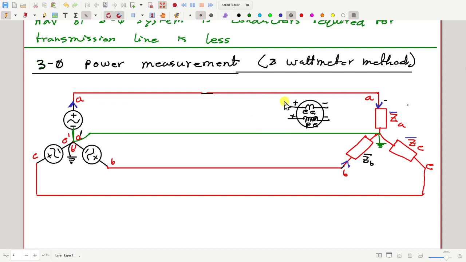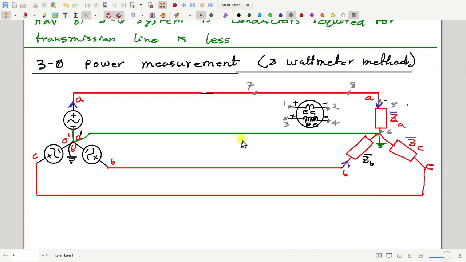Let me use just numbers 1, 2, 3, 4, 5, 6. So these nodes I will denote by numbers, node 5, node 6, and if you need more, 7, 8.